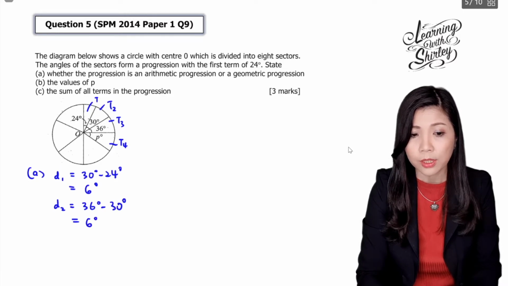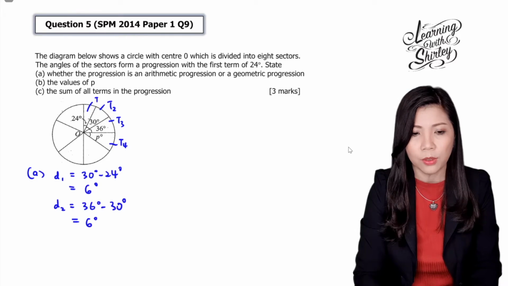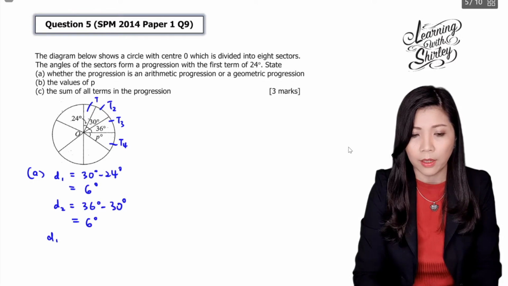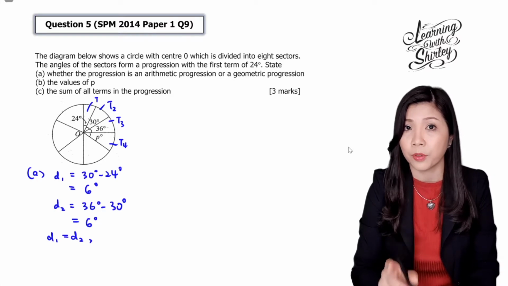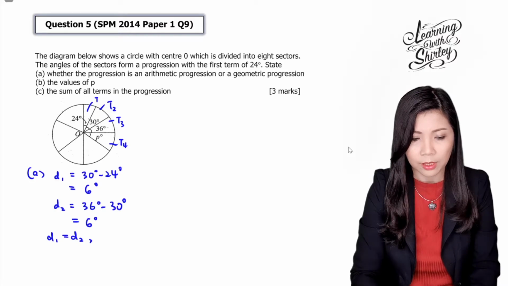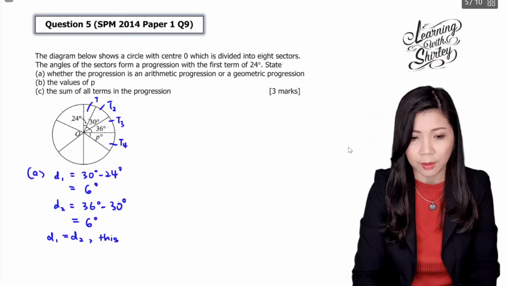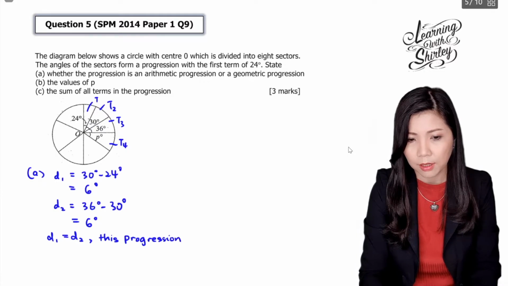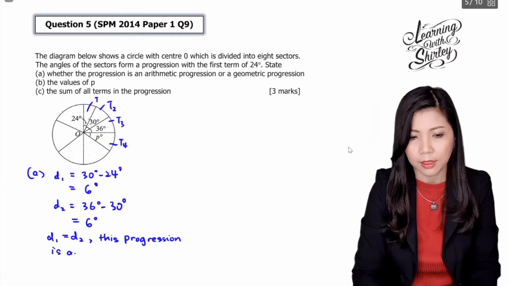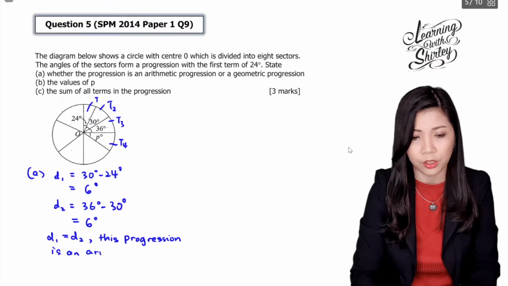So which is also 6 degrees. So since D1 is equal to D2, therefore this progression is an arithmetic progression. So I'm going to write a statement at the bottom. This progression is an arithmetic progression.